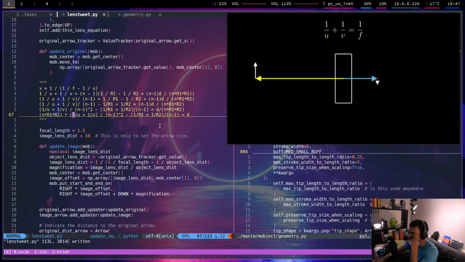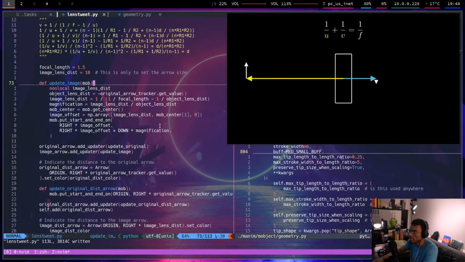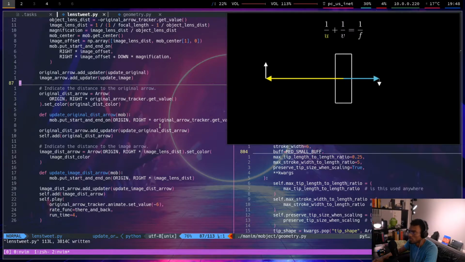However, this equation is way too complicated for me to want to actually use. What I'm just going to do is maybe make it smaller by some random amount that's proportional to 1 over U. That's probably what I'll end up doing. Yeah, sure.